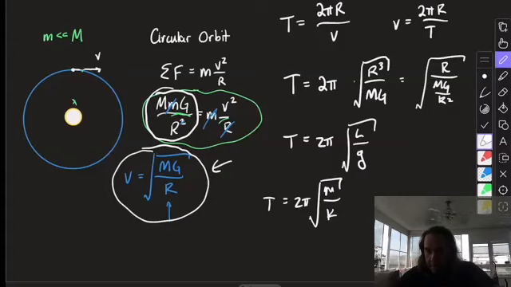The bottom part is the force of gravity. You might not know why I'm saying that, but this is a remnant of mr squared, the moment of inertia of a point mass. If I put the m here and an m here, you'll notice I get the force of gravity in the denominator.